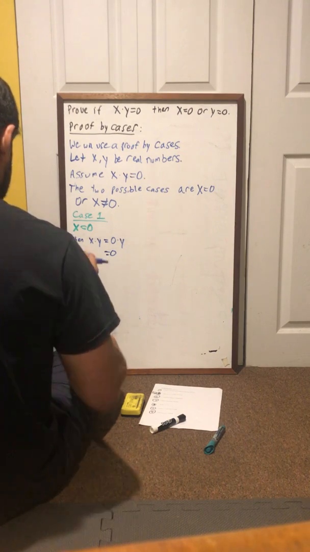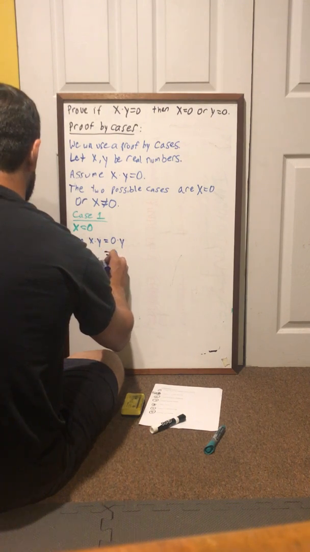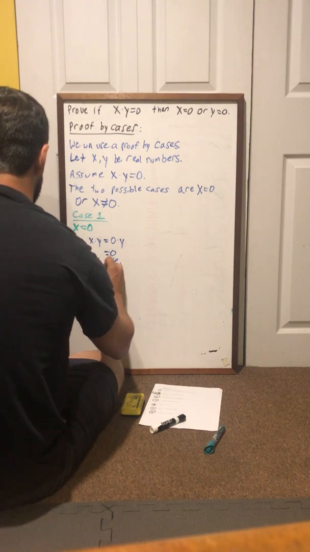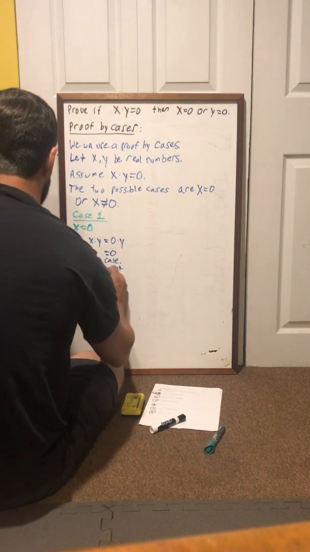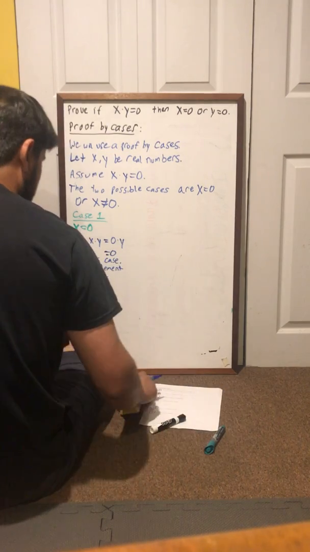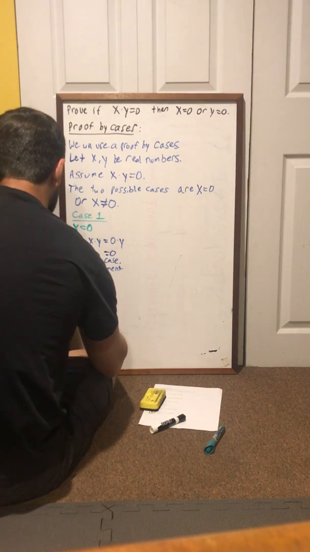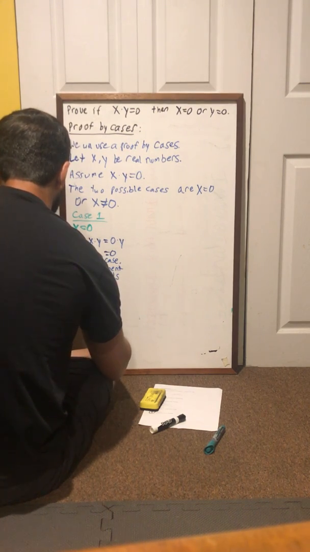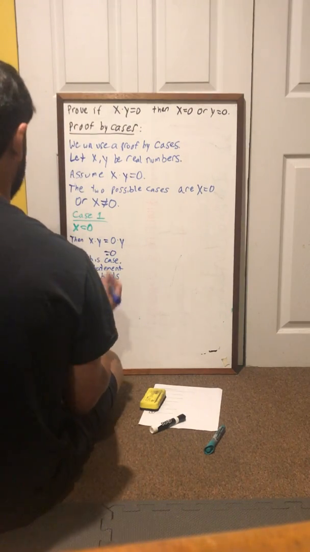In this case, the statement holds true. Let's reiterate our statement: x times y equals 0 holds true. We could put a little check there. We're good.